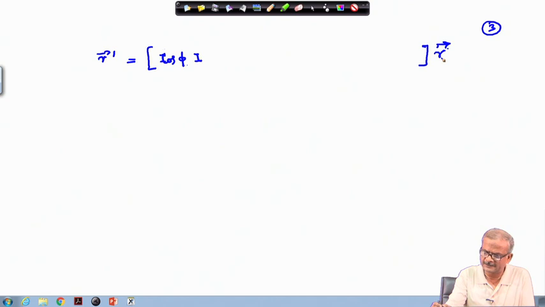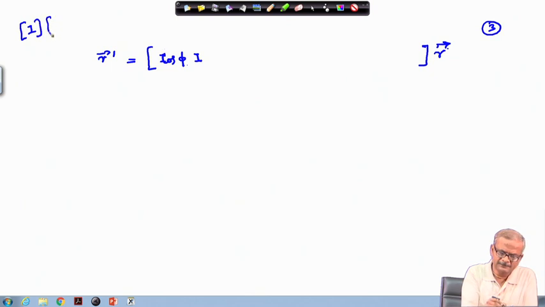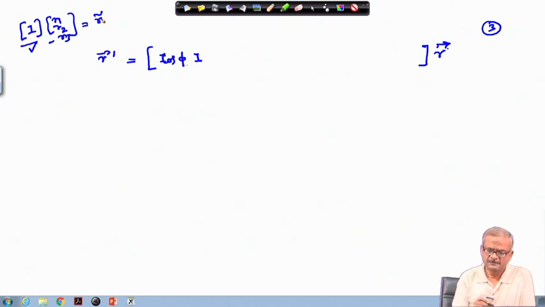This is a vector which operates on I. Here this is the I matrix, and you have here r1, r2, r3. When any vector is multiplied by the identity matrix, it remains intact, and therefore we can write it either in this format or in the matrix notation, it does not matter. So, we have taken it outside.